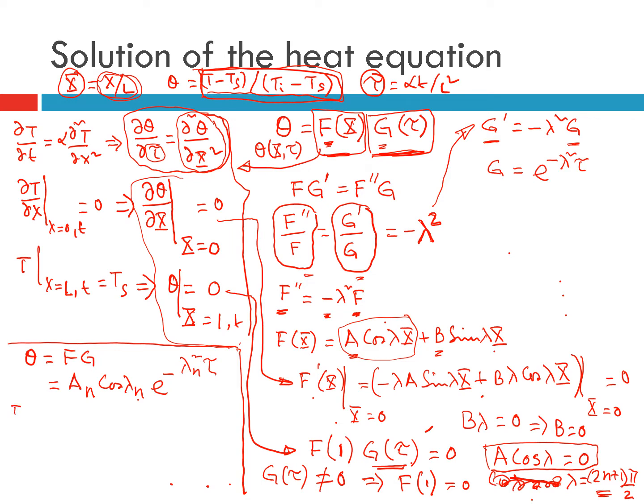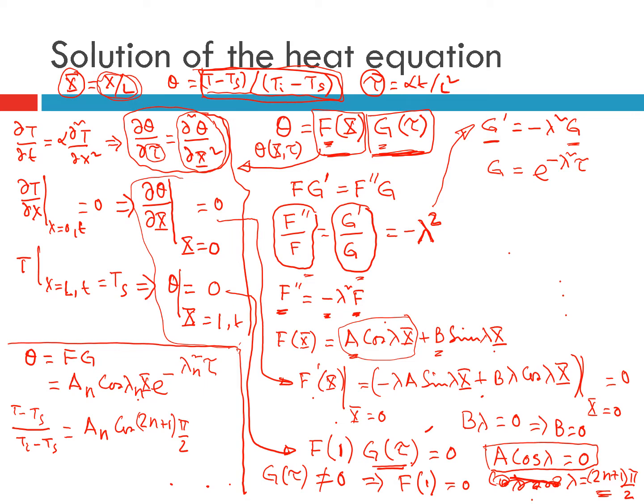So (T minus Ts) over (Ti minus Ts) is equal to An cosine of (2n plus 1) pi over 2, and there is an x missing, of course.